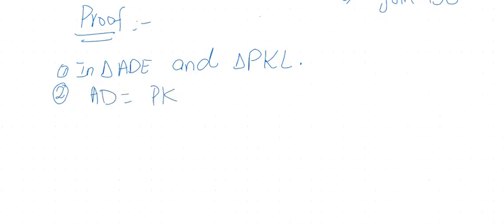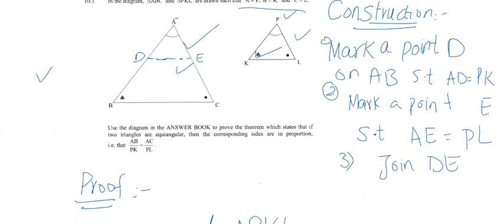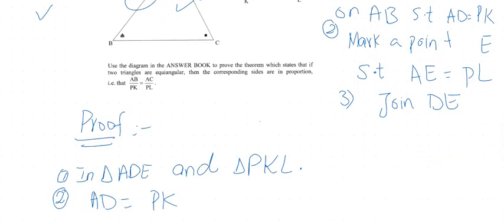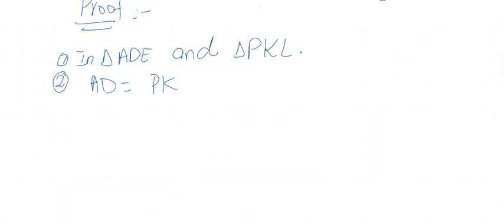Okay? AD, this AD is equal to PK. Okay? This is the point. All right? The third point is that we have angle A equals this angle, that is the given. And the construction point, the fourth point, we have AE equals PL.